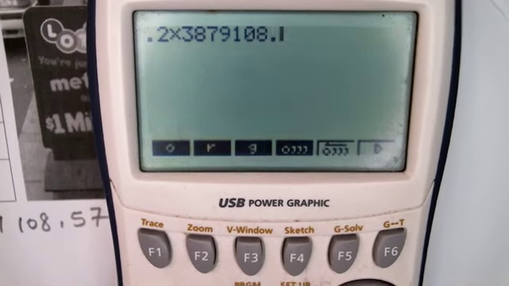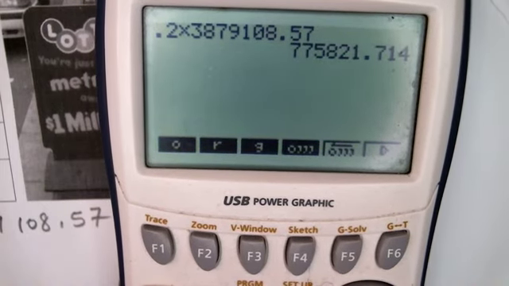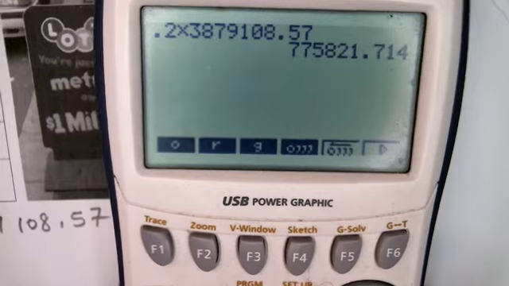I'll put in the other figures as well. There they are. And we've got 775,821 and 71 cents. So I'll write out that. So there we go. We've got, put dollar sign first, and we'll go, here we go.